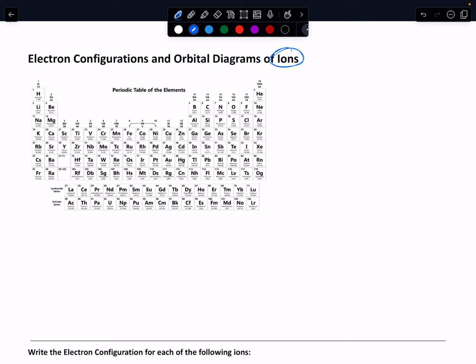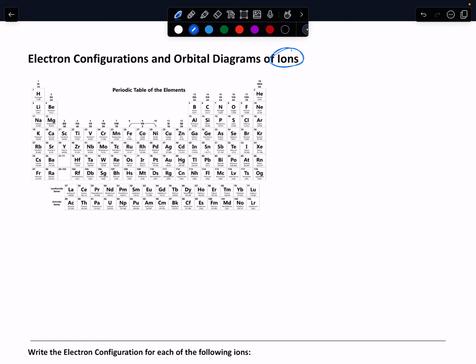So if you need to understand the basics of how to write out an electron configuration, please go back and watch that earlier video, because that earlier video has you look at how to use the periodic table to write the electron configuration and how to write the shorthand or noble gas configuration for these elements. This is going to focus on the difference between a neutral atom's configuration and an ion's configuration. All right, so let's start with the word ion.